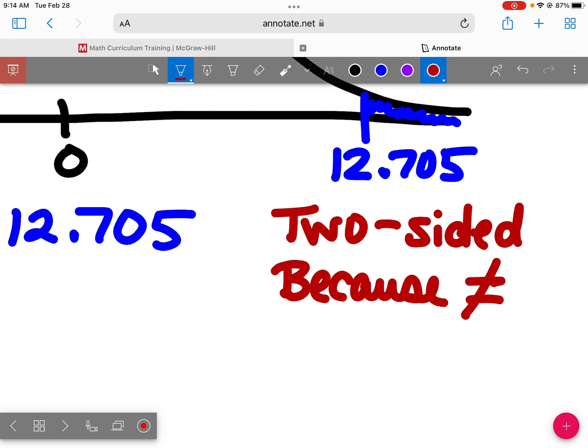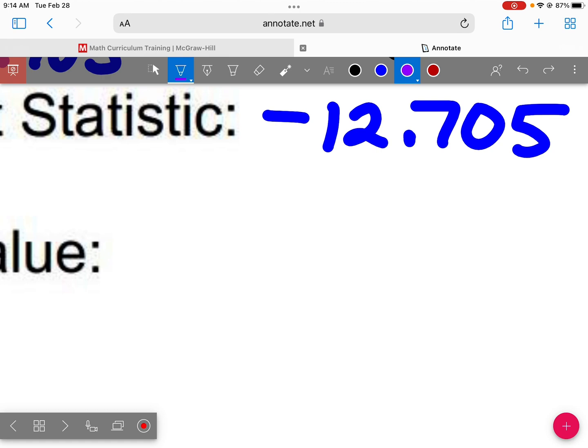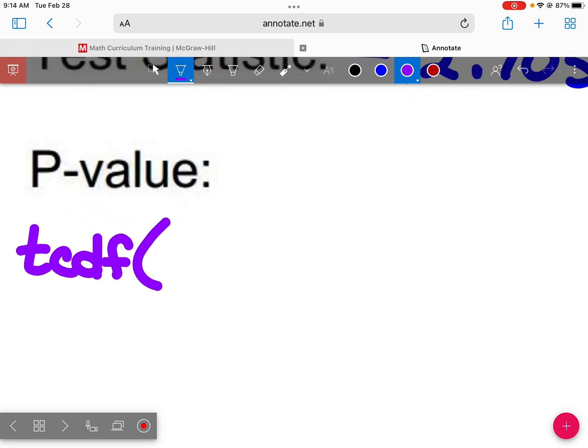All right, so to find the p-value, we need to do t cdf. What would come after that? Lower bound, so negative something huge. I'm going to do negative 10,000.